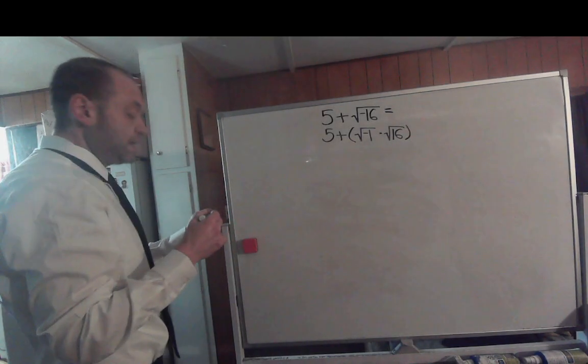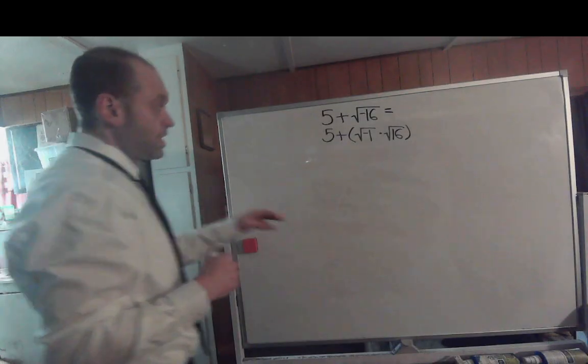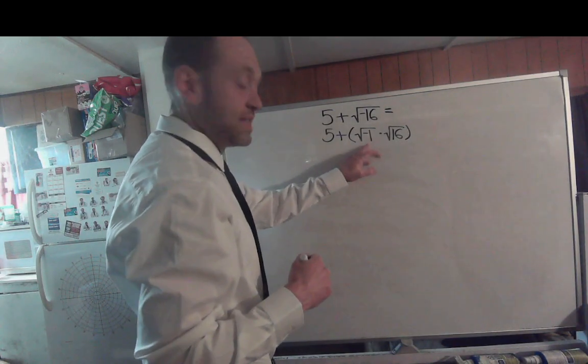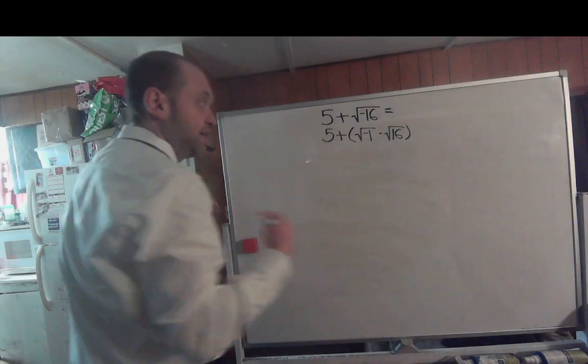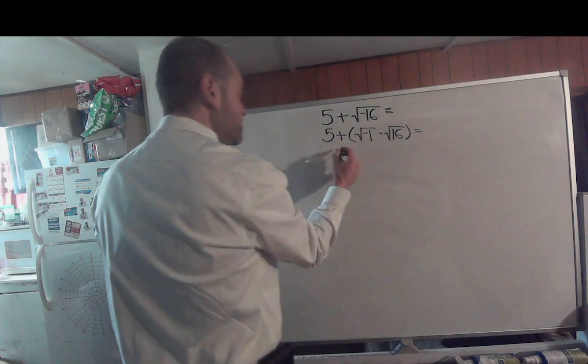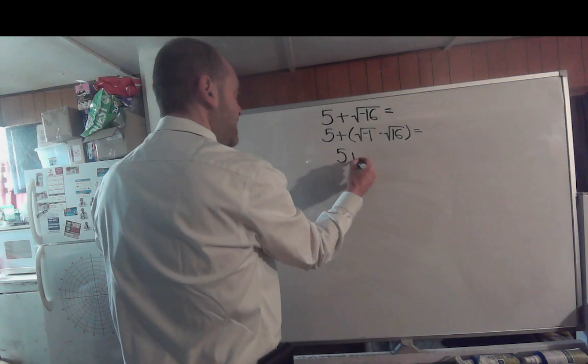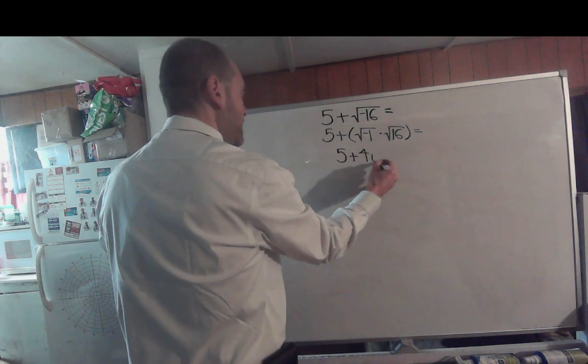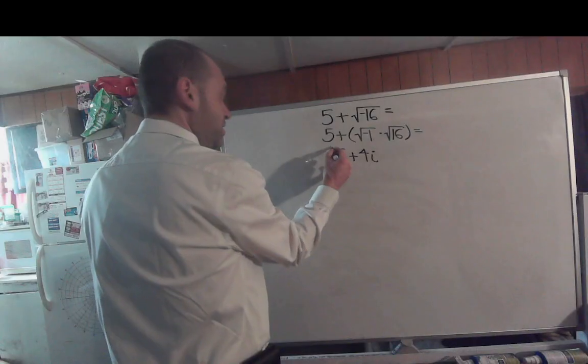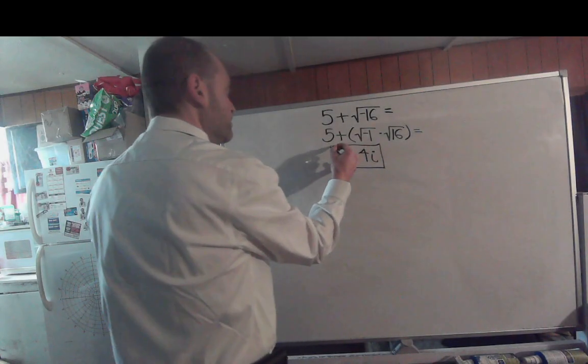Now, what is the square root of -1? That's i. What's the square root of 16? That's 4. So this would be the same as 5 plus 4i. That's how you would write this in standard form.